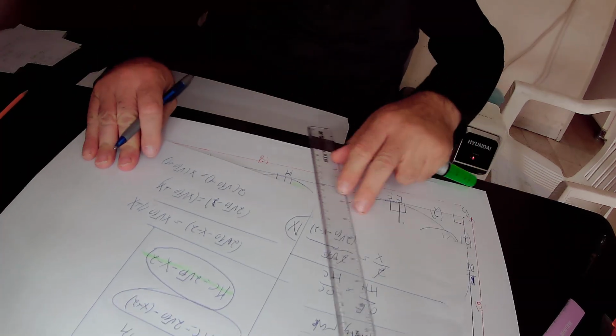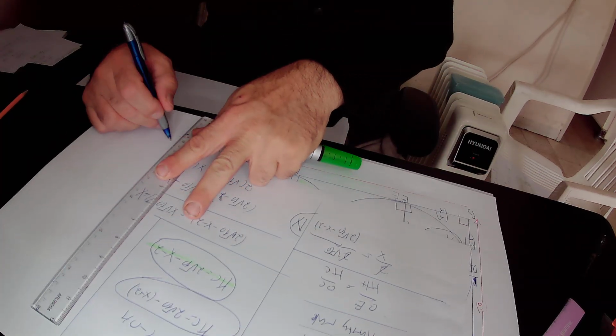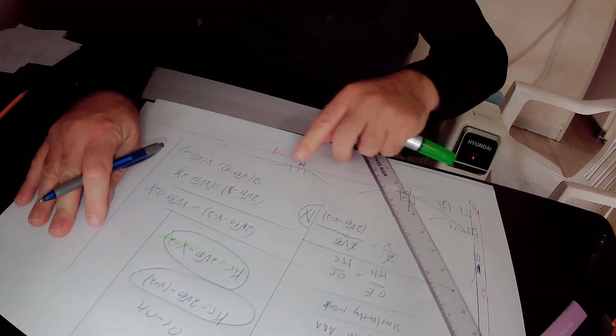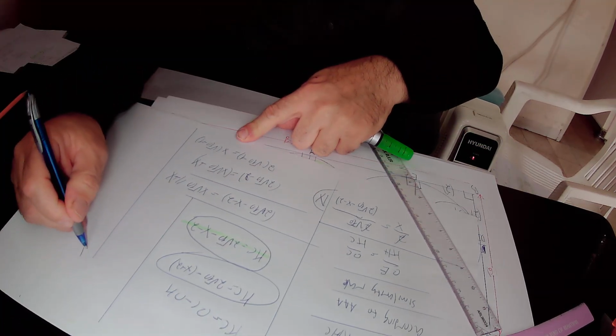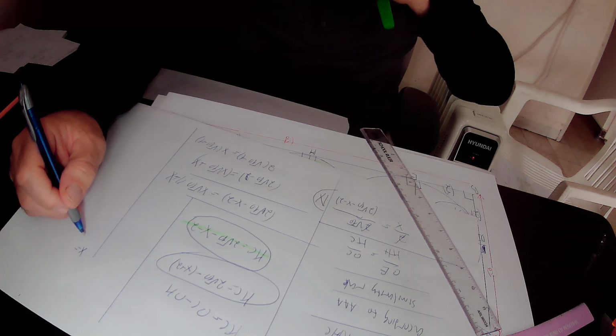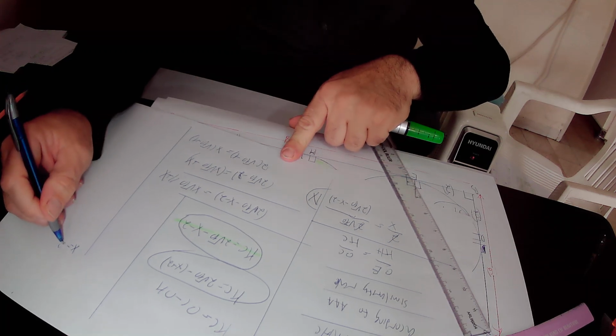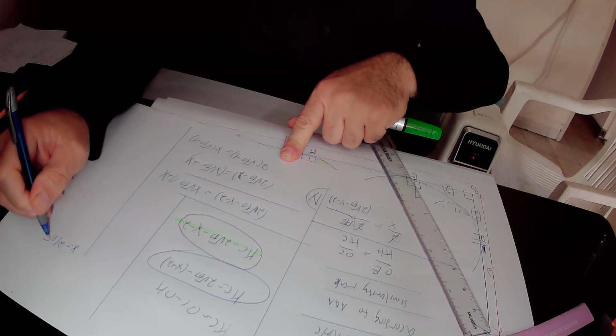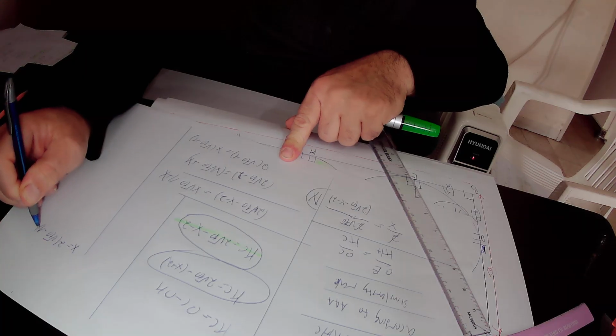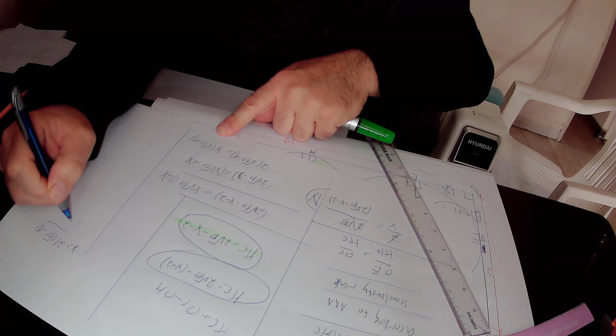And we get that x equals 2 times square root of 10 minus 1 over square root of 10 plus 1.